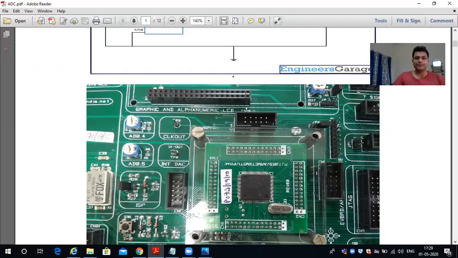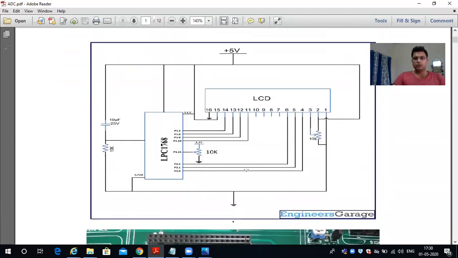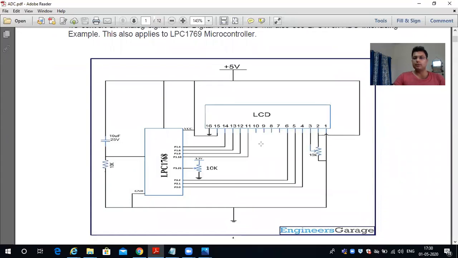So we will concern ourselves here only with AD04 and AD05. In general, in total 8 ADC modules are available: AD0.0, AD0.1 till 7. In our kit, AD04 and AD05 are available. Now we will talk about the schematic which is given here.